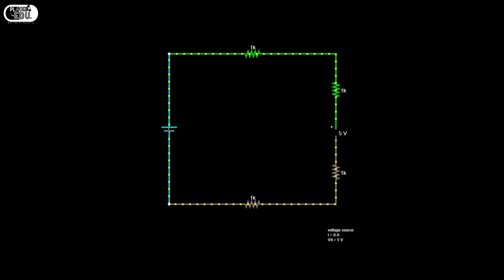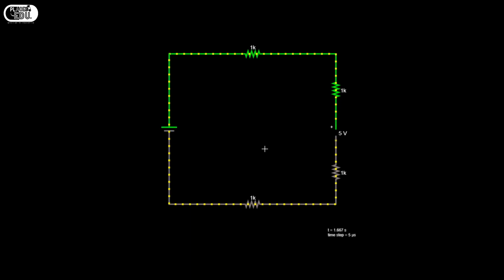Understood? This is 5 volts and the whole voltage is across this open circuit. When the voltage source is 5 volts and it is directly connected to the open circuit, then the whole voltage will be coming across it.